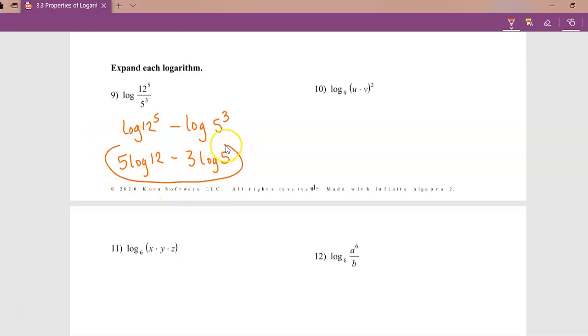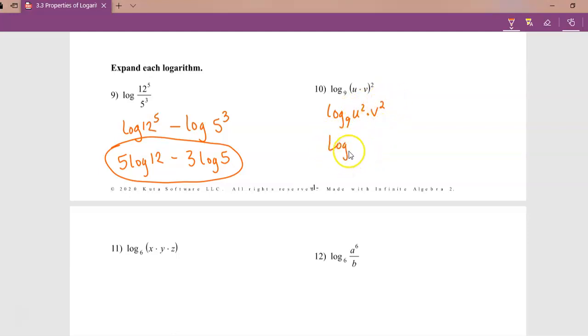Okay, so in this one I'm multiplying inside, so I need to change this to the addition of 2 logs. But before I do that, let's deal with this exponent. Since it's outside of the parentheses, it means it's going to be on u and on v. U and v are multiplied together, so this would be log base 9 of u squared times v squared.